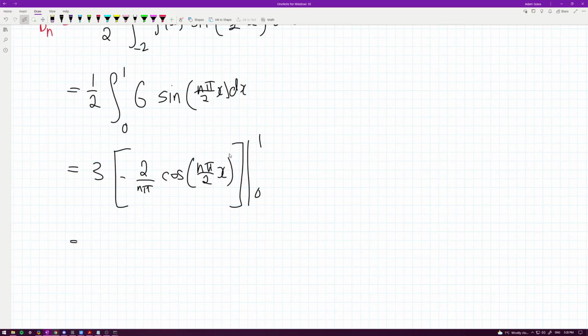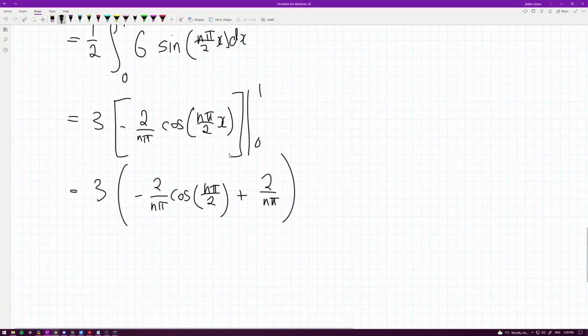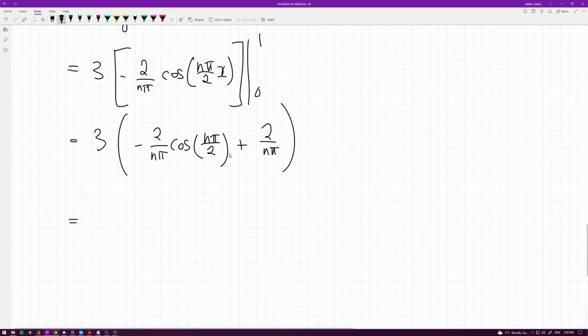So it's going to be 3, and then negative 2 over n pi cosine of n pi over 2, plus 2 over n pi. And so I get 6 over n pi minus 6 over n pi cosine n pi over 2.